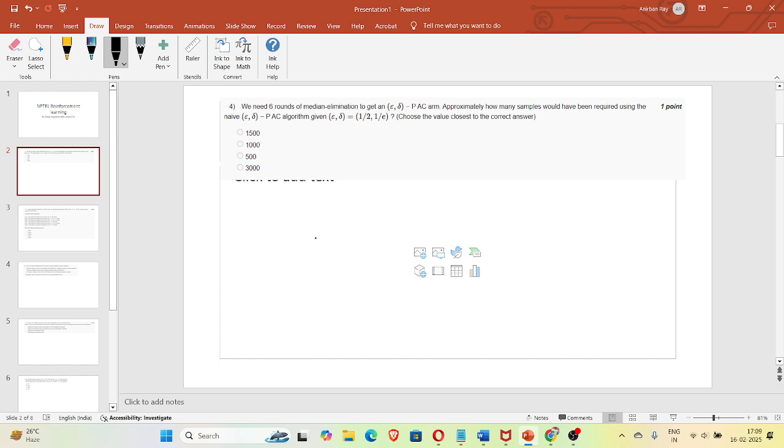Okay, so in median elimination what happens is that you know that the number of rounds or number of steps required is logarithm of number of arms in the median elimination method.